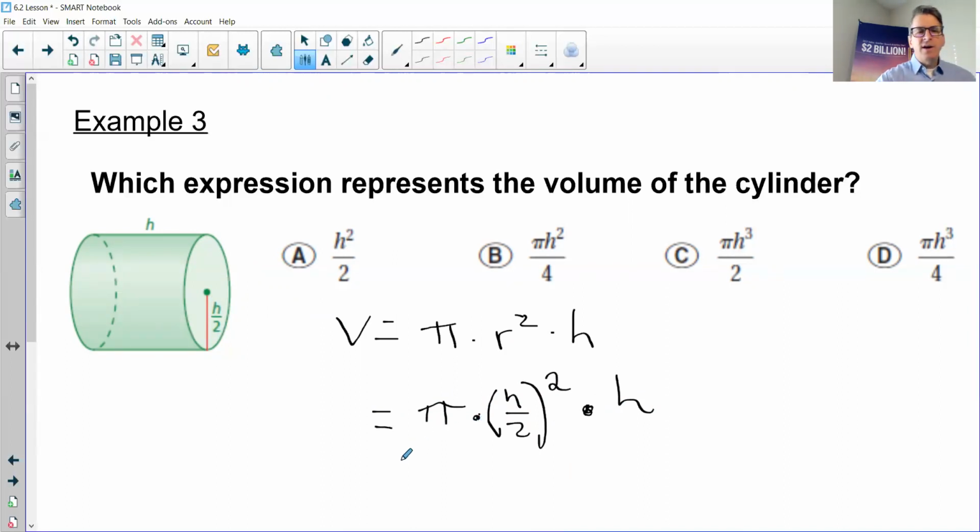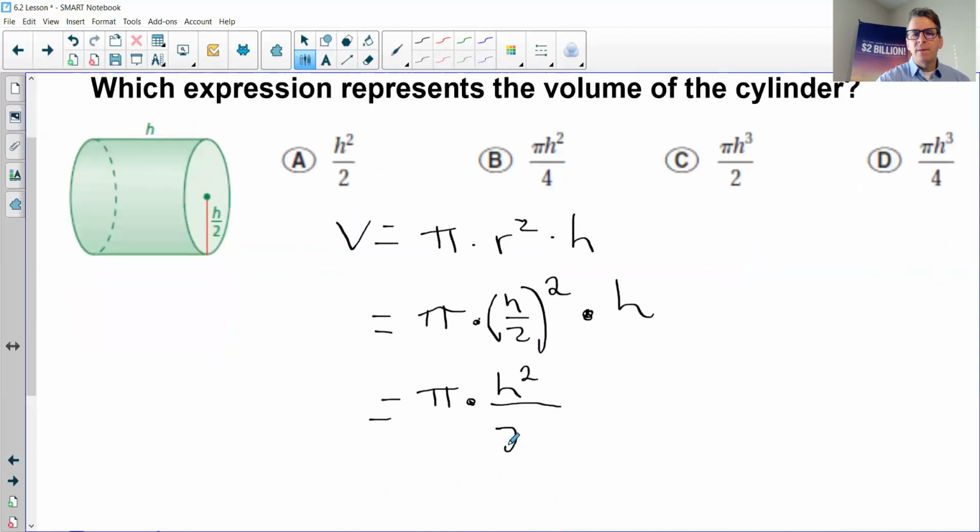So then what we have in our hands here is a case where we have a division, and we're raising it to the 2nd power, so we can simplify that down as h squared over 2 squared times h.